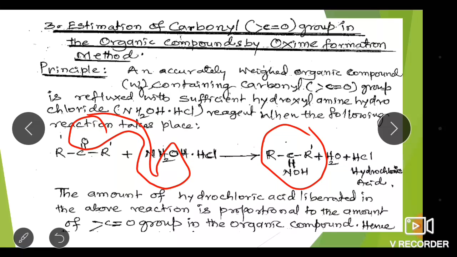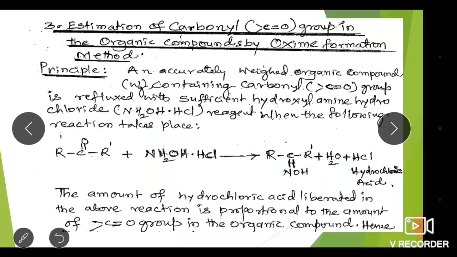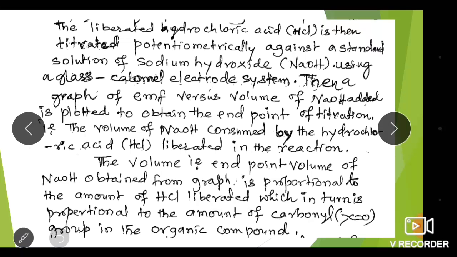The amount of hydrochloric acid liberated, that is the hydrochloric acid liberated as side product in the above reaction, is proportional to the amount of carbonyl group in the organic compound. So whatever the HCl liberated is directly proportional to the amount of carbonyl group present in the given organic compound. Then this liberated hydrochloric acid is titrated potentiometrically against the standard solution of sodium hydroxide using a glass calomel electrode system.